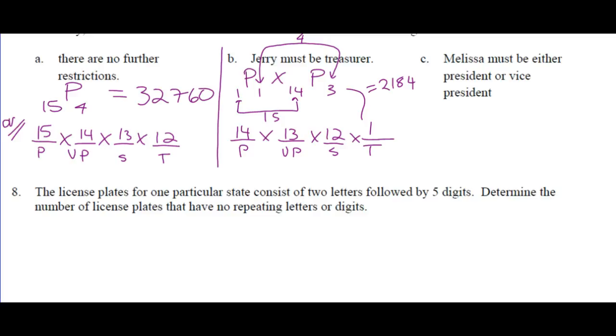Okay? Melissa must either be the president or the vice president. All right, what do we have to figure out then? Number of ways that Melissa could be the president, which is really the same number of ways that Jerry can be the treasurer, right? Just we're choosing one person for a specific position. So it'd be 1P1 times 14P3. So 1P1 times 14P3.